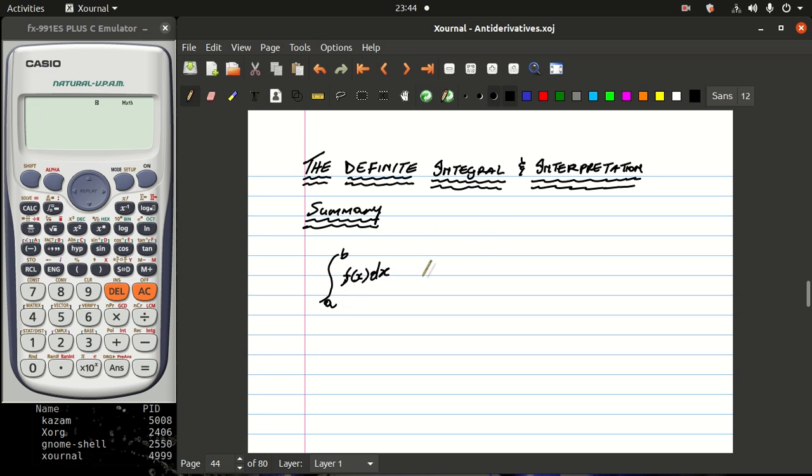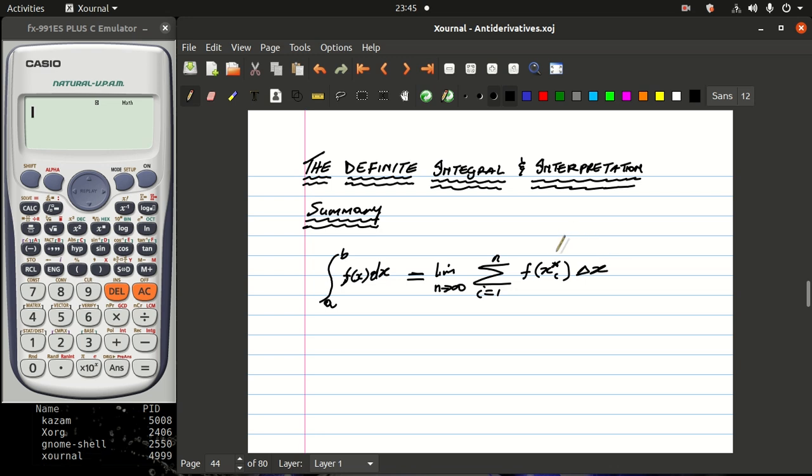And then from there, we said the definite integral is given by the limit as n approaches infinity of this sigma here, whereby you have i running from 1 up to n, and then we had f of x star i, and then your delta x there.